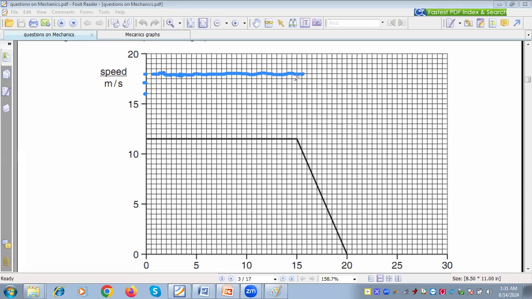And at the same time, the brakes are applied, means here at t equals 15. And the car decelerates at the same rate. So my line is curvy, but this has to be a straight line.